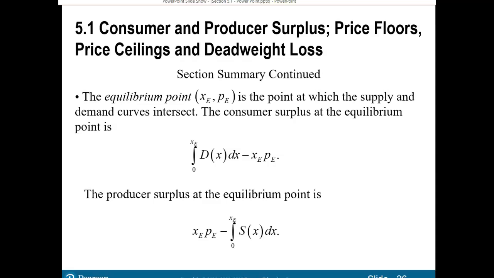The equilibrium point is the point at which the supply curve and the demand curve intersect. The consumer surplus at the equilibrium point, we integrate from 0 to the x value of the equilibrium, the demand function, then subtract the product of the components of the ordered pair from equilibrium. And then producer surplus is where we start with that product and subtract the definite integral of the supply function.